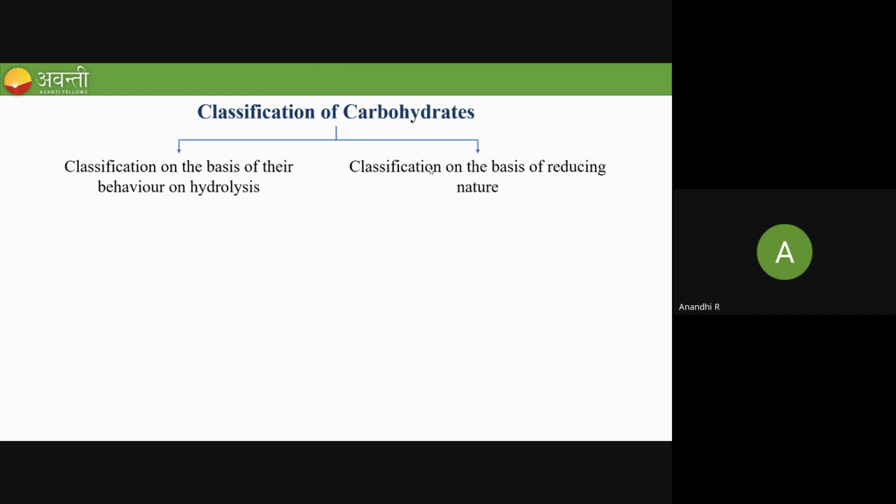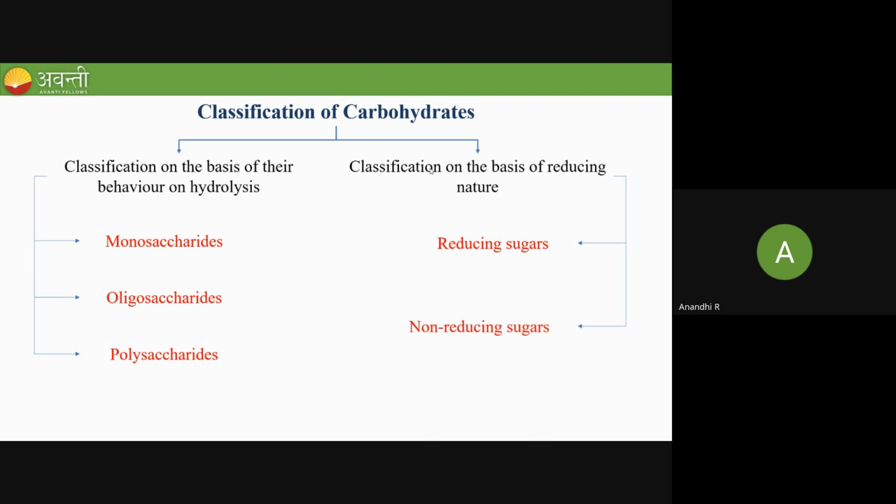Based on the behavior of hydrolysis, it is classified into three: monosaccharide, oligosaccharide, and the last one is polysaccharide. Based on the reducing nature, they are classified into two: the first is reducing sugar and the second one is non-reducing sugar. We'll discuss one by one. You can just take a screenshot of it or make a note of it.